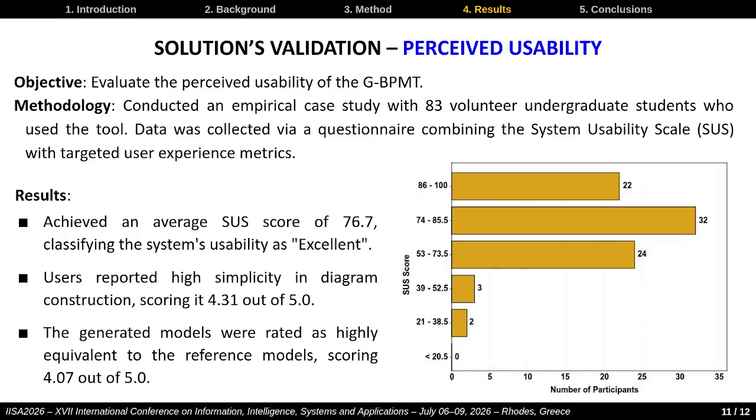The software achieved an average SUS score of 76.7, classifying its usability as excellent. Furthermore, on a 5-point scale, the simplicity of the diagram construction scored a high 4.31, while the students' perception of model equivalence to the original benchmark reached 4.07.